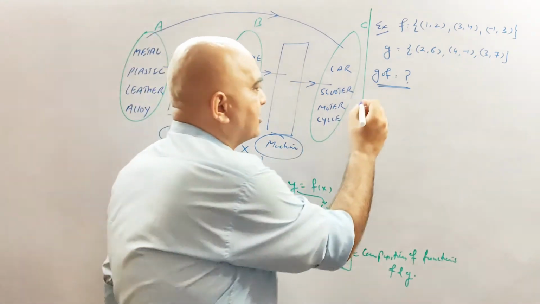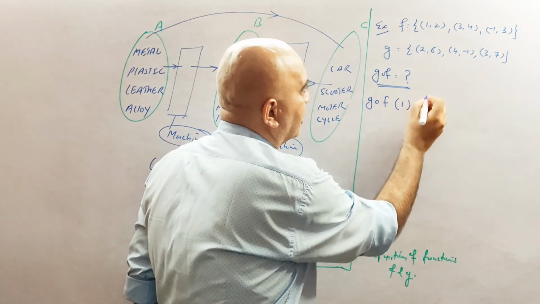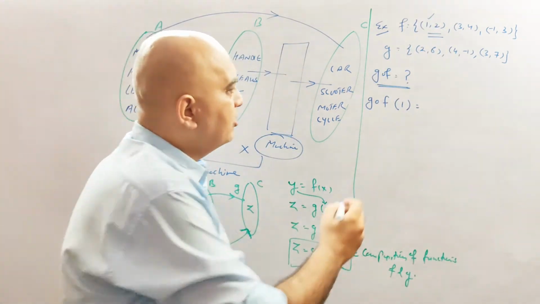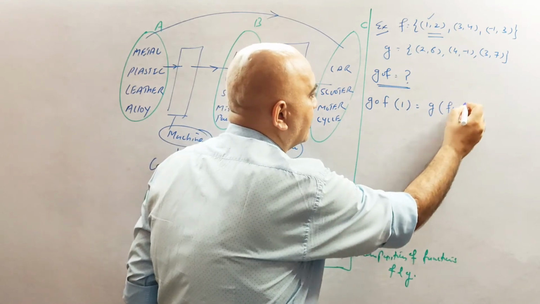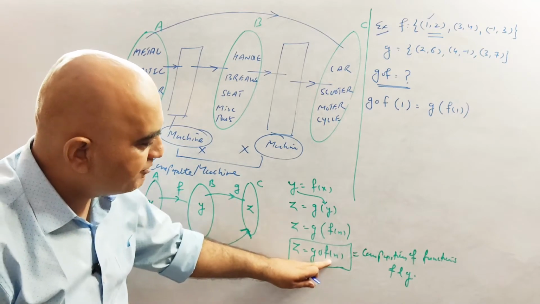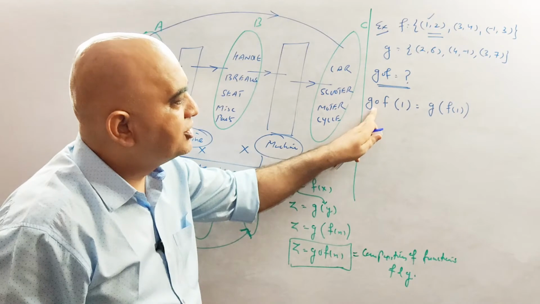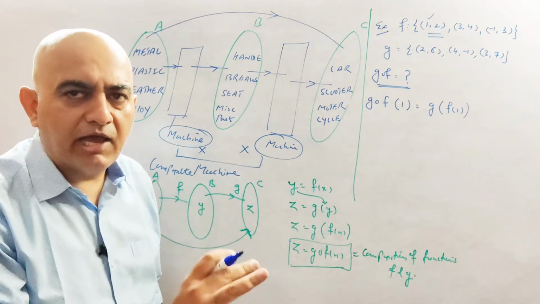What will you do? First of all, we take g of f of 1, because in the first pair the domain is 1. Whenever you take 1 at this place, g of f of 1, because we have already defined that g of f means g bracket of f(x), means you can take g of f of 1 as g within the bracket f of 1.